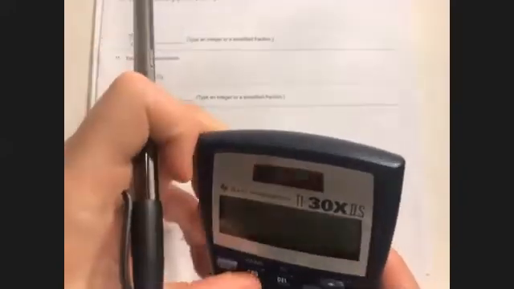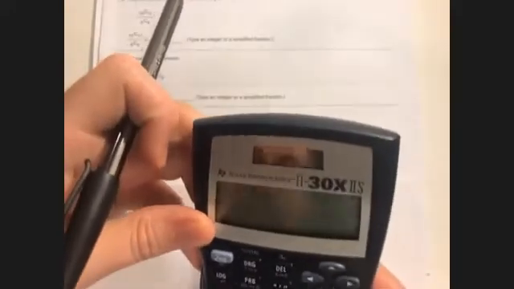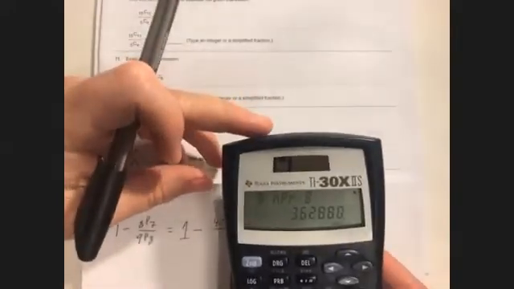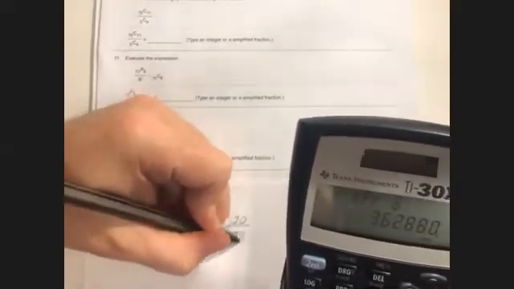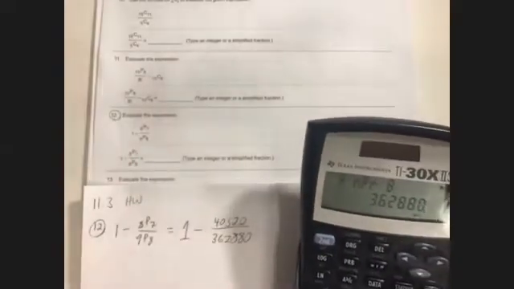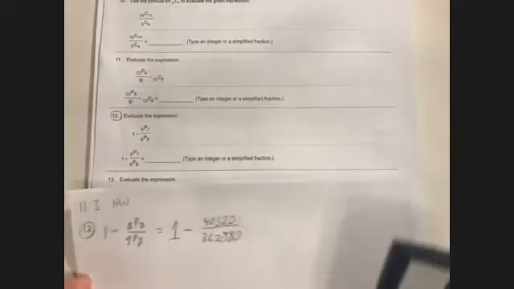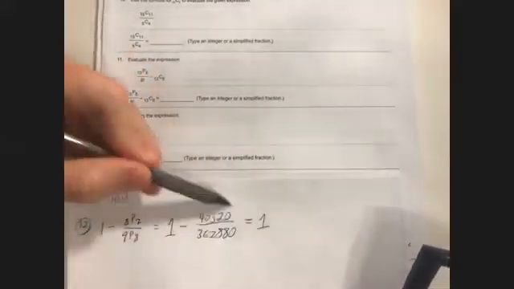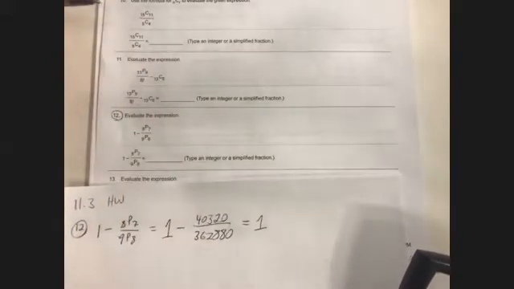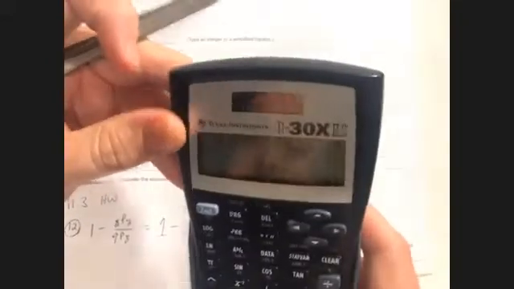And let's do 9P8, and then I'll do this division. So 9 nPr 8, I get a big number, 362,880. So I'm going to do this division here. I want to see what I get. Of course, it's going to be a decimal.